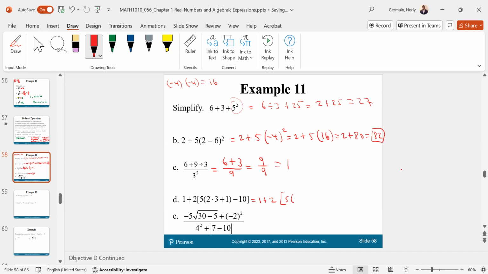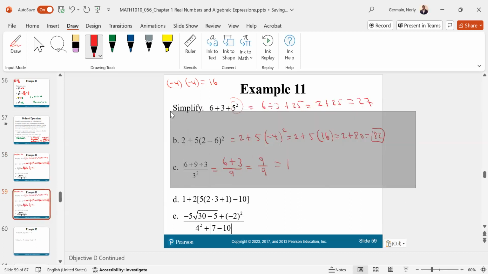You know what? I am going to use a different slide for that, okay? Let's do, I copy, paste, I erase all of this.